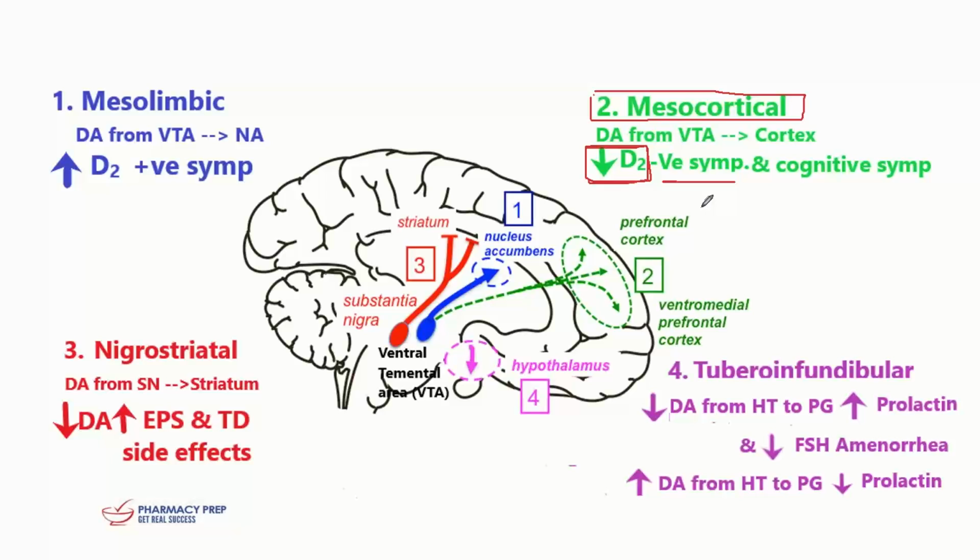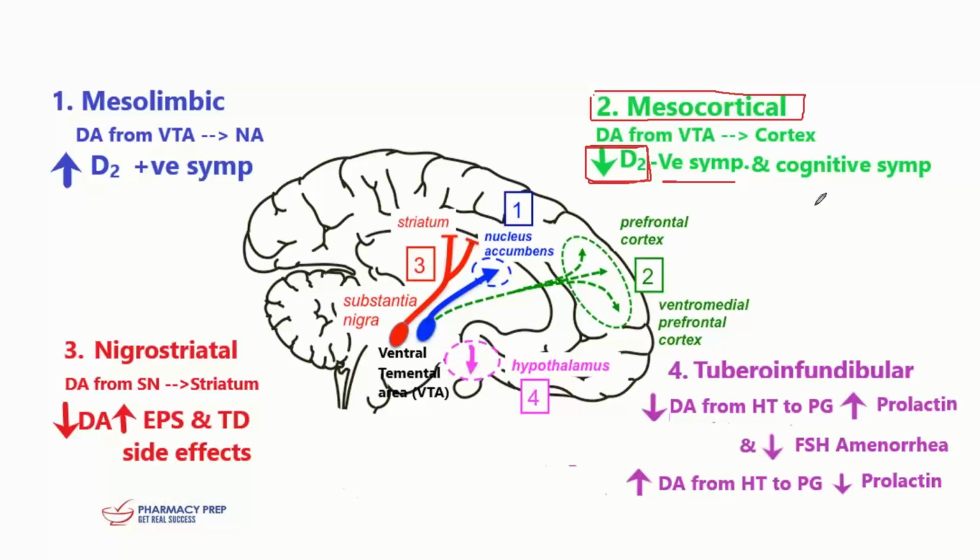Generally, negative symptoms mean a normal person has it and this patient doesn't have it, whereas a positive symptom means a normal person doesn't have it, but this patient does. So it's kind of opposite, but those negative symptoms come from the mesocortical pathway.